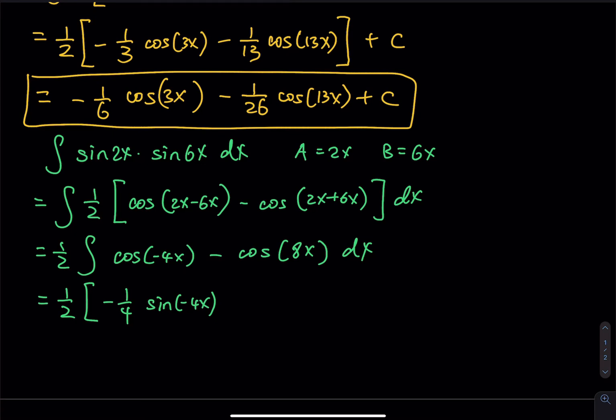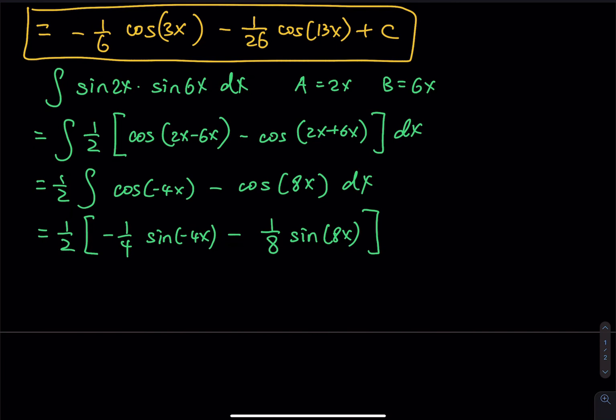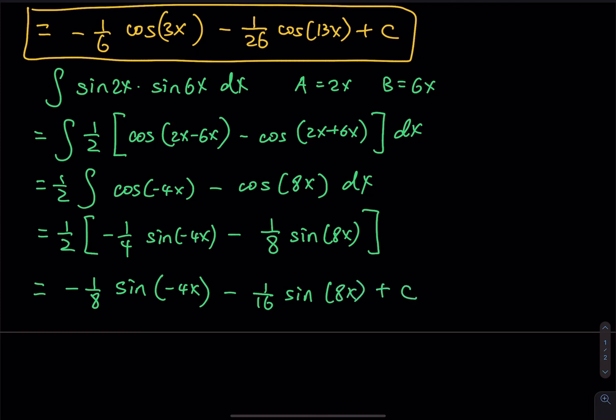The derivative of cosine of 8x gives sine of 8x, so you have to prepare an extra 1/8 in front of the sine. Now the job is pretty much done, so let's distribute. We have negative 1/8 sine of negative 4x, and then minus 1/16 sine of 8x, plus C.